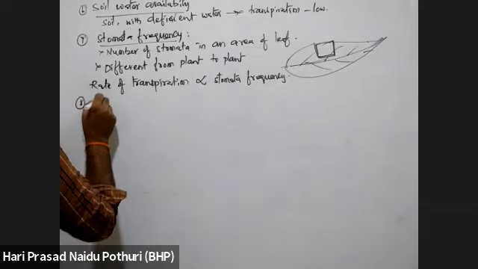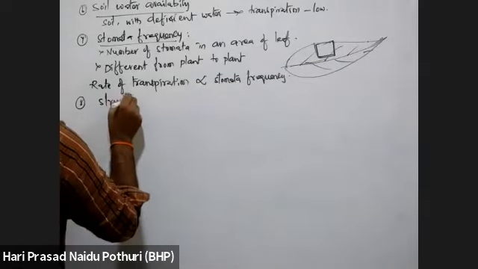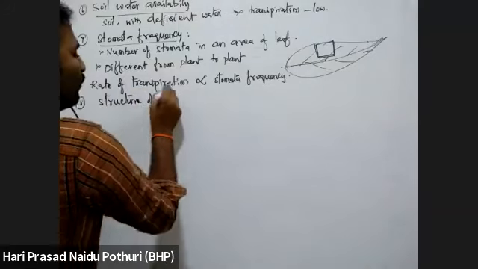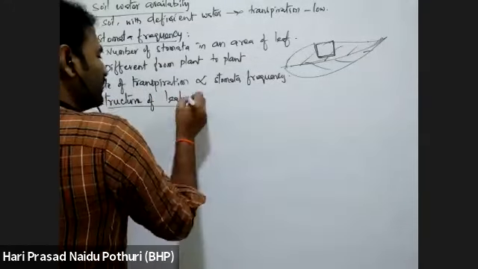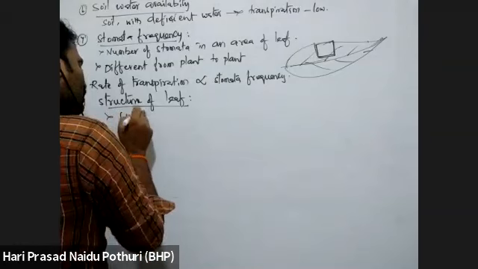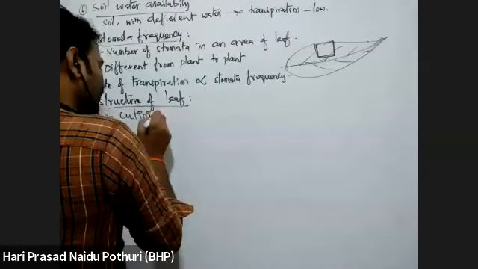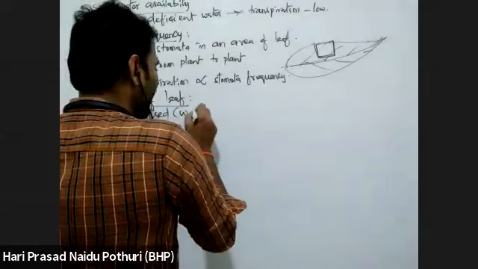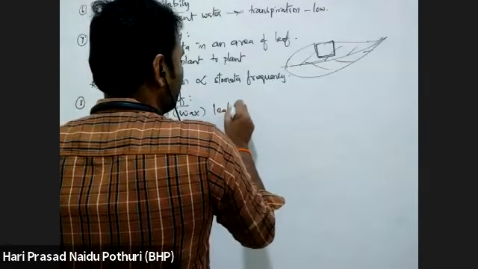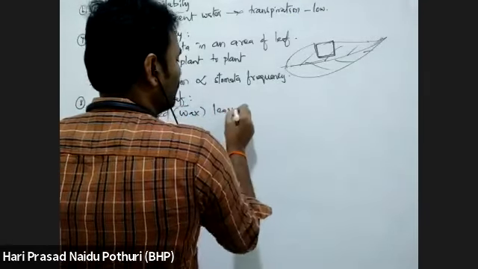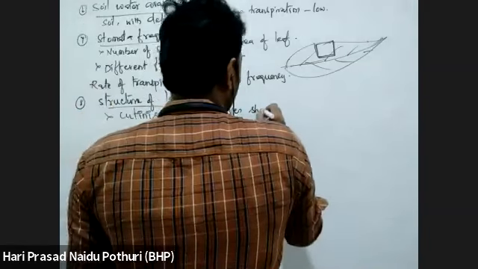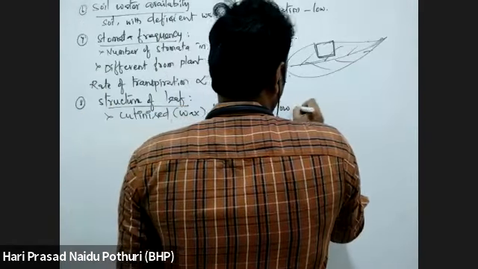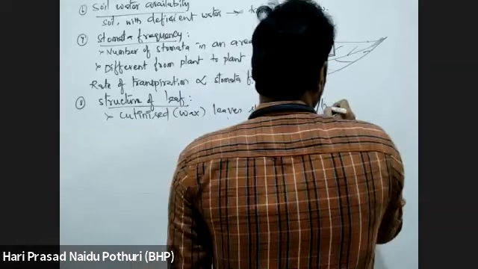Next, structure. Structure of leaf. In previous class, we told you cutinized. Cutin is a water repellent waxy layer, I told you. That cutinized means wax. Cutinized leaves show low rate of transpiration.